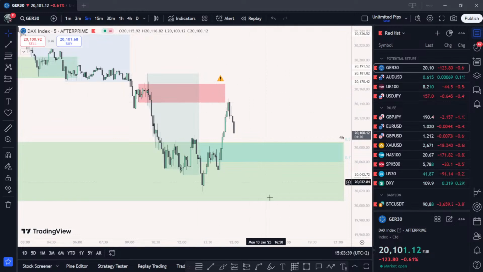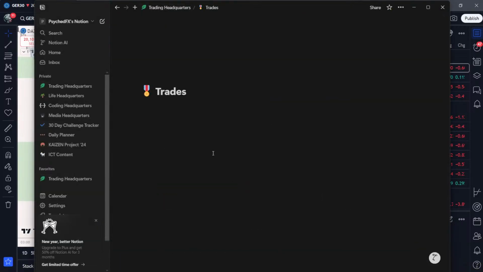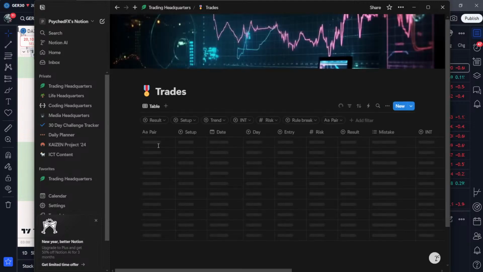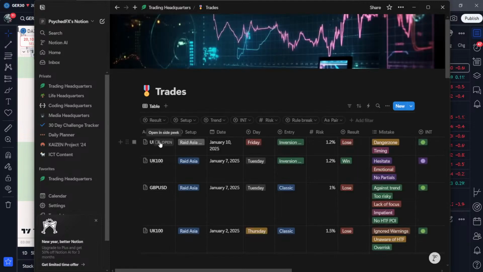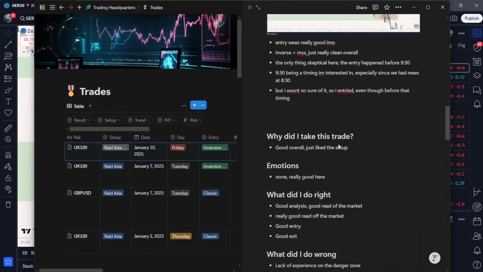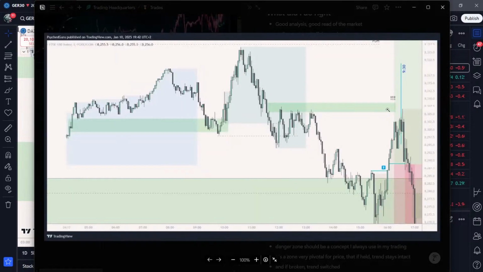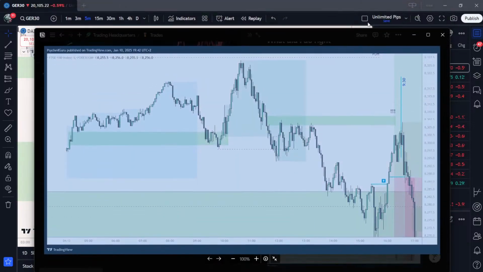Because this was our danger zone, right? This is exactly very similar to the trade we had on UK, where I had a mistake. I had a danger zone. This is a new concept I'm implementing. A danger zone is an area marked on my chart that has a pretty high chance of reacting off, but I didn't know what to do with it. So this is the perfect example.